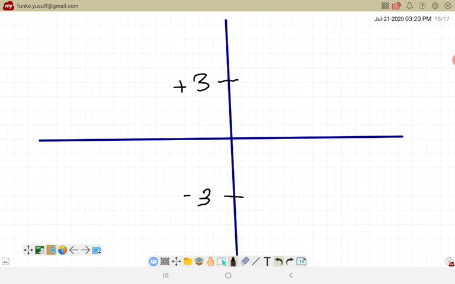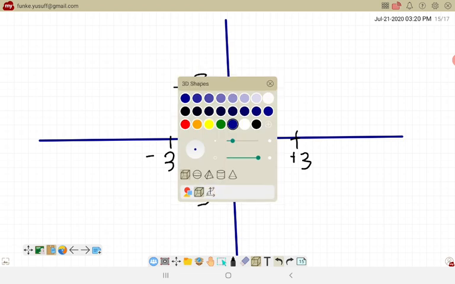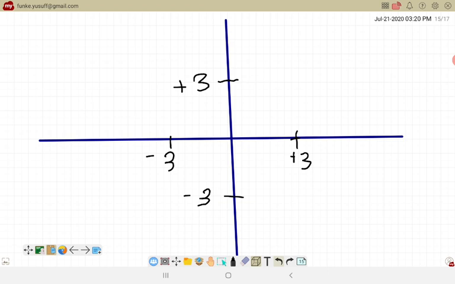Let's say this is plus 3 and this is minus 3. If you draw the graph of that equation, you are going to obtain a circle. So it's going to be a circular form.